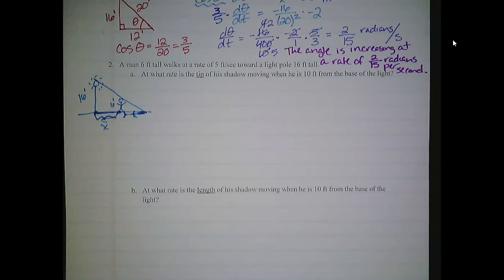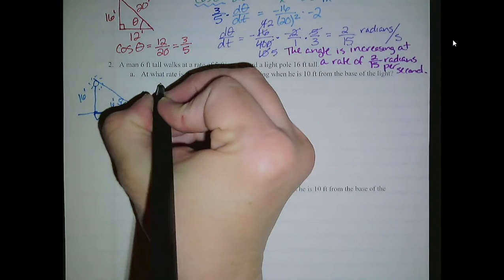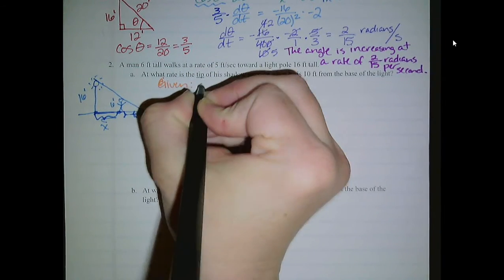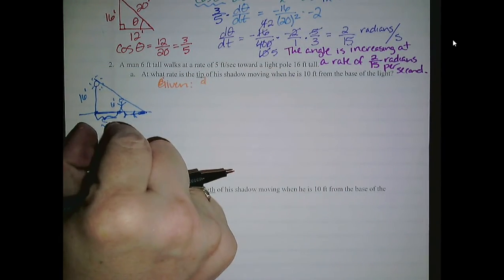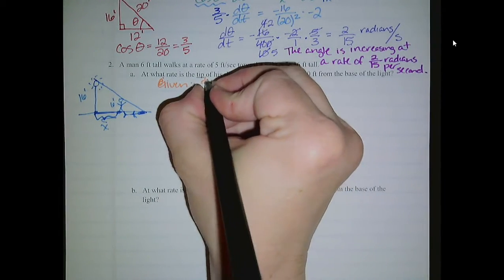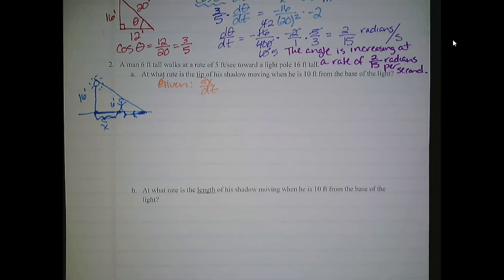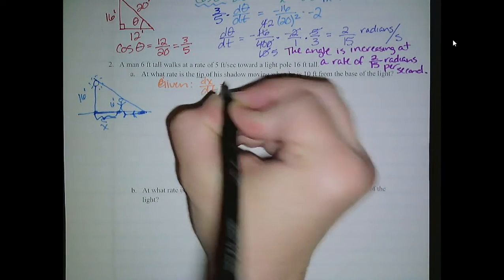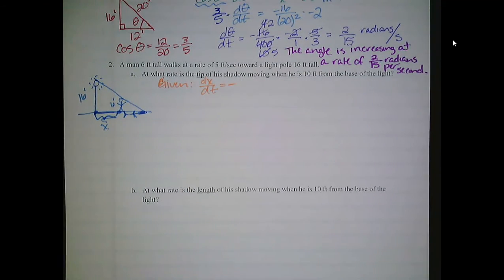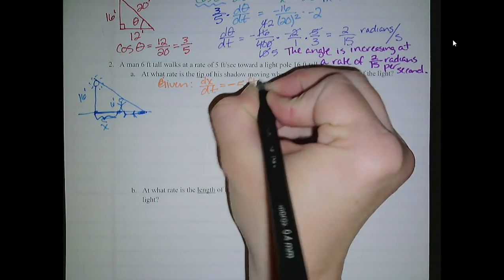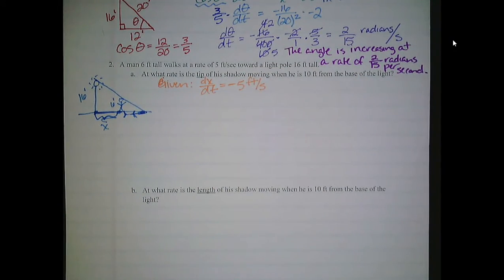So they've given us the rate of change of the distance that he is from the light pole, which we called dx/dt. And they've told us that that rate should be decreasing because he's walking towards the pole at a rate of 5 feet per second. So that's the rate of change that we're given.